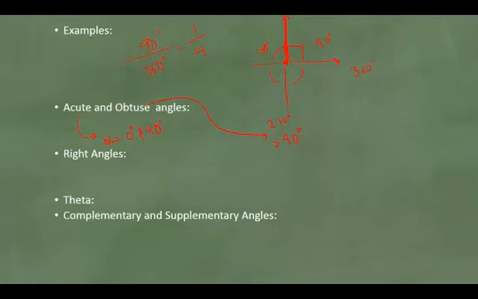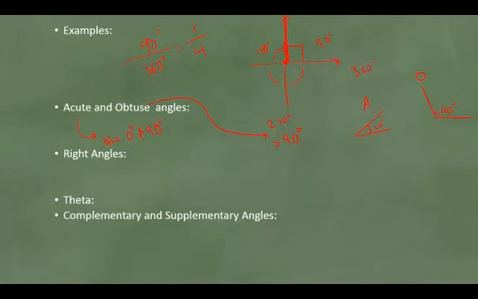So here's an example of something that's less than 90, something like 60 degrees. An angle that would be bigger than 90 would have to be bigger than that, so something like this, let's say 110 degrees. Acute, obtuse.